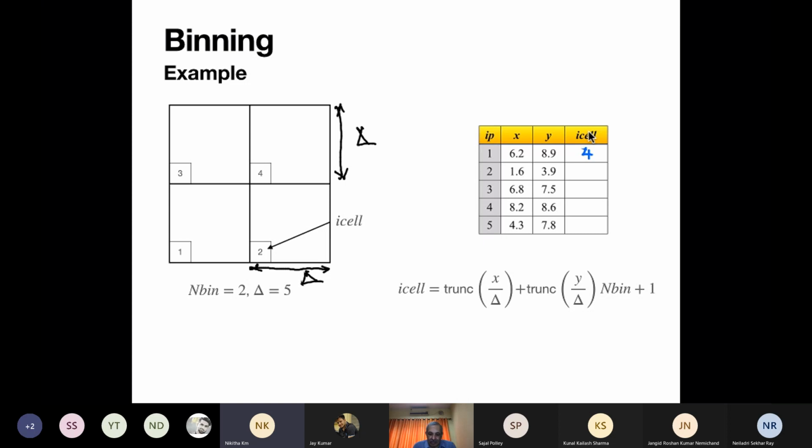Correct. Perfect. And if you just look at this particle, if you want to look at it in terms of the x and y coordinates, I should have drawn this. This is y, this is x, this is 0, 0. Because this delta is 5, this point is 10, 10, and this point is 5, 5.